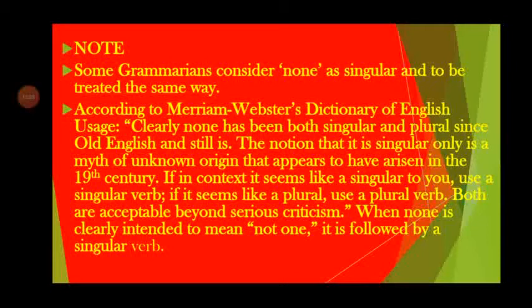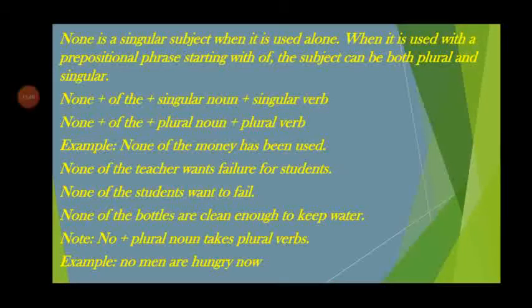So that means we can use it as either plural or singular, but when none is clearly intended to mean not one, it is followed by a singular verb. None is singular when it is used alone.